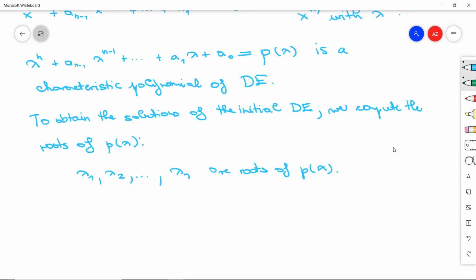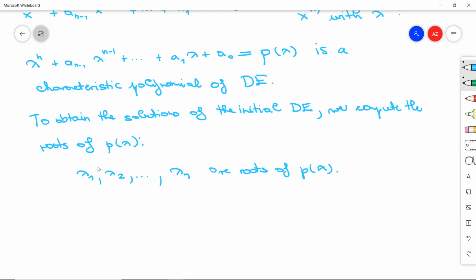So if you recall, we were in systems. If we worked with systems, we would compute the eigenvalues of the matrix A, which are precisely these lambdas. And how would we form the solution of the system then? Yes, so we would need the corresponding eigenvectors.